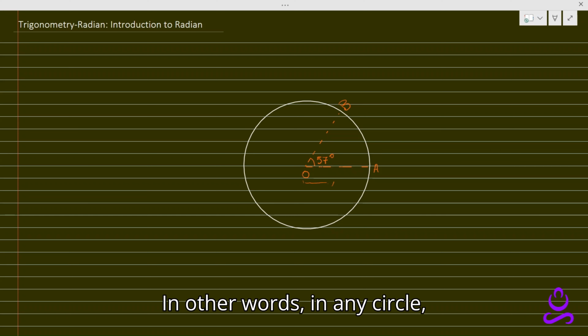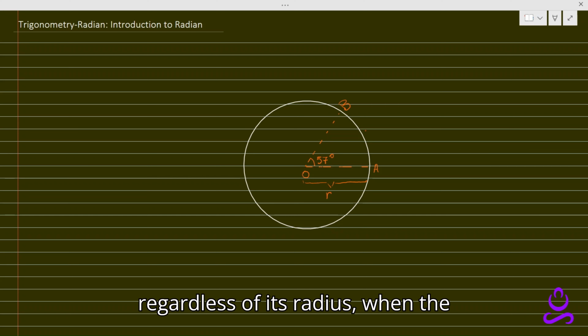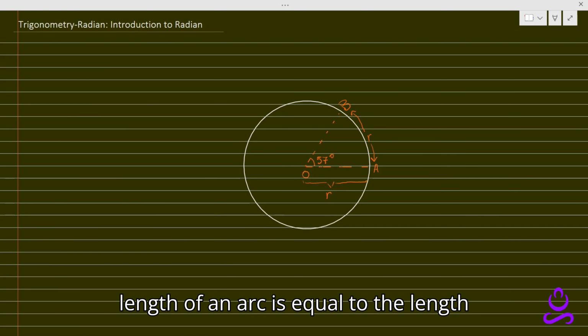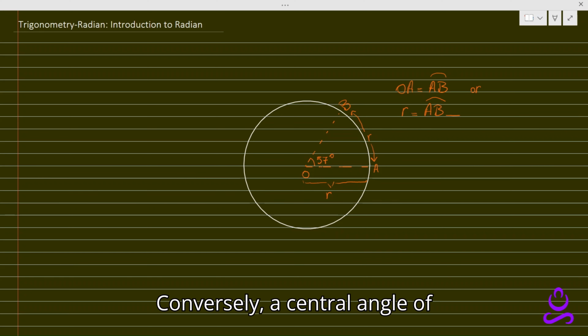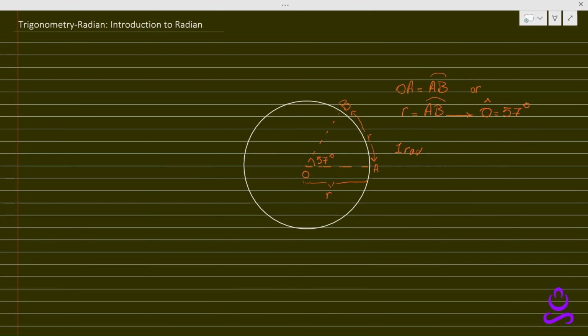In other words, in any circle, regardless of its radius, when the length of an arc is equal to the length of the radius, the central angle formed is approximately 57 degrees. Conversely, a central angle of 57 degrees has an arc length equal to the radius.